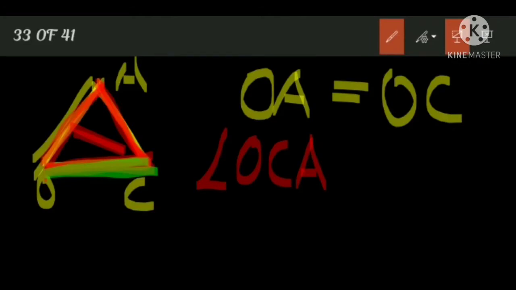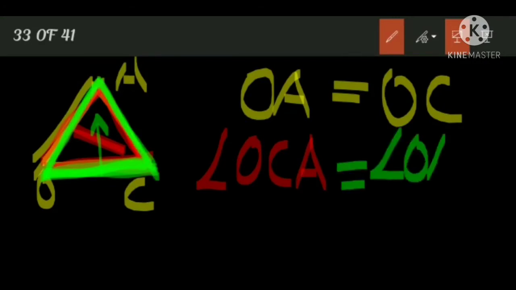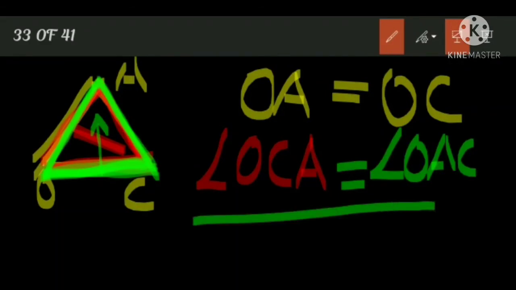What is the opposite angle of OC? It is OAC. Since OA and OC are equal, the opposite angles are also equal. So we have a result: angle OCA equal to angle OAC.